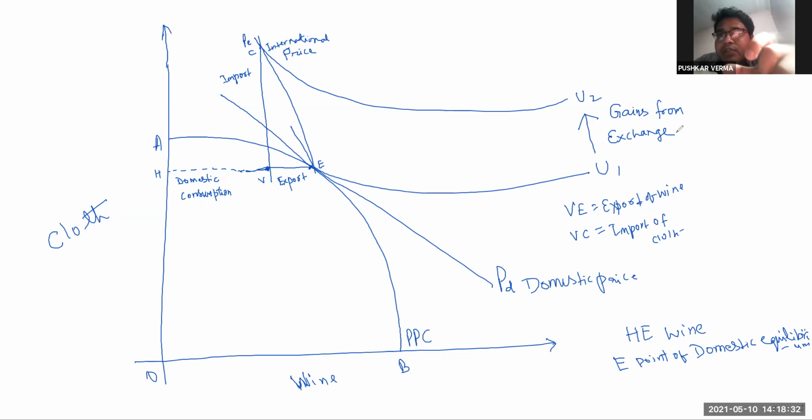Out of this total production, the country exports a part of it, that is VE, and in exchange, the country imports VC amount of cloth. In the process, the country moves from point E to point C on a higher indifference curve, and this is known as gains from exchange. Correct.